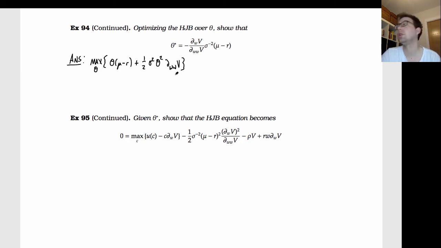It's related to a concave function, so we expect its second partial derivative to be negative to preserve that concave property. So this is a nicely well-defined maximization.